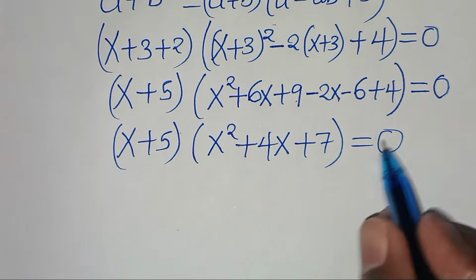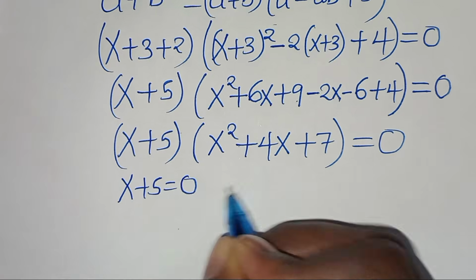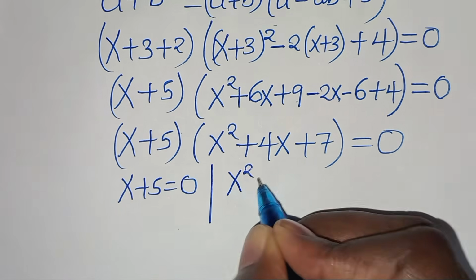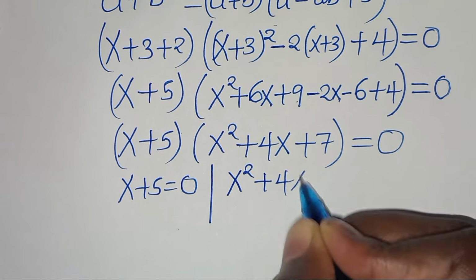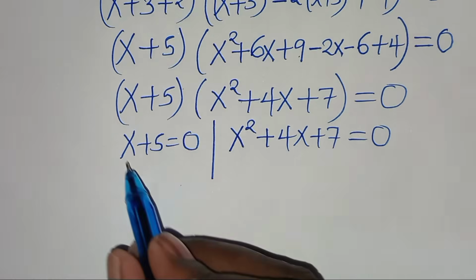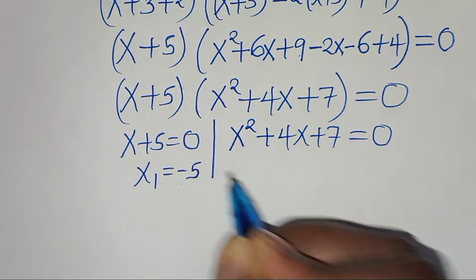We have two parts here. The first part is x plus 5 equal to 0. The second part is a quadratic equation, x squared plus 4x plus 7 equal to 0. From the first part, we have x1 equal to minus 5.